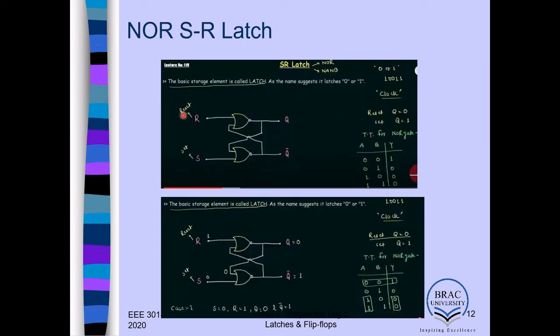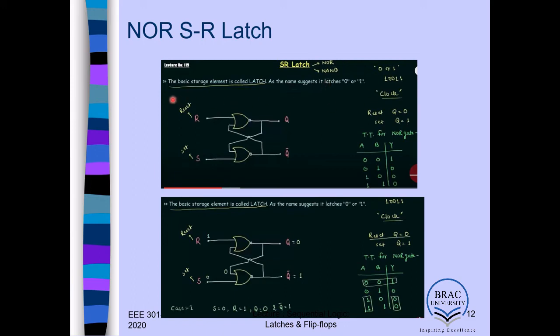So now here we'll describe how we get the latches of different values. As we already discussed, latches could be two types: NOR latch or NAND latch.